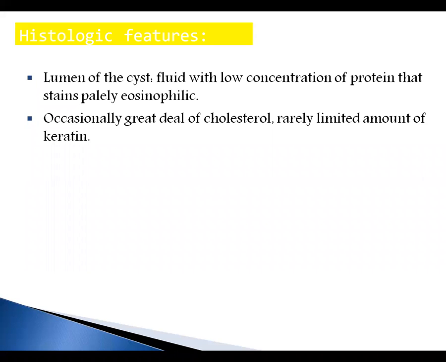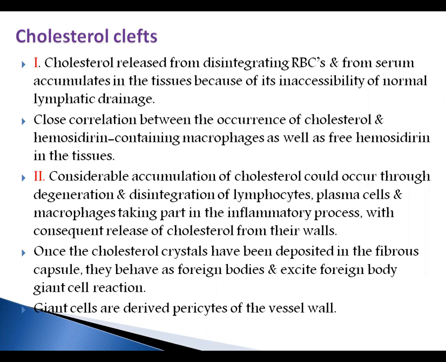The lumen of the cyst contains fluid with a low concentration of protein that stains pale eosinophilic, containing a great deal of cholesterol and rarely a limited amount of keratin. So, cholesterol clefts are seen in the connective tissue capsule. Cholesterol released from disintegrated RBCs and from the serum accumulates in the tissue because of inaccessibility of normal lymphatic drainage.